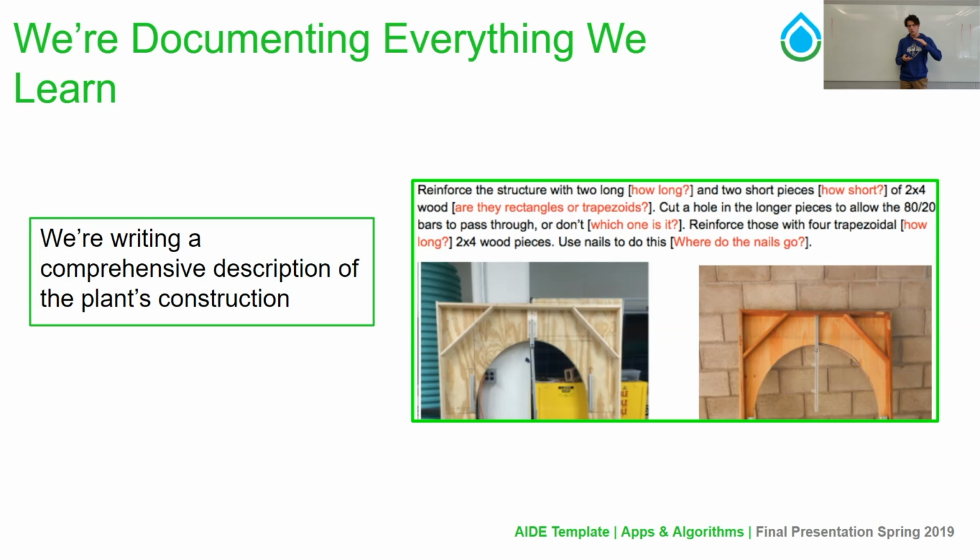So to help organize the information that we have found, we found the best way to do it was to create a document that's just a comprehensive list of instructions for how to build the plant.